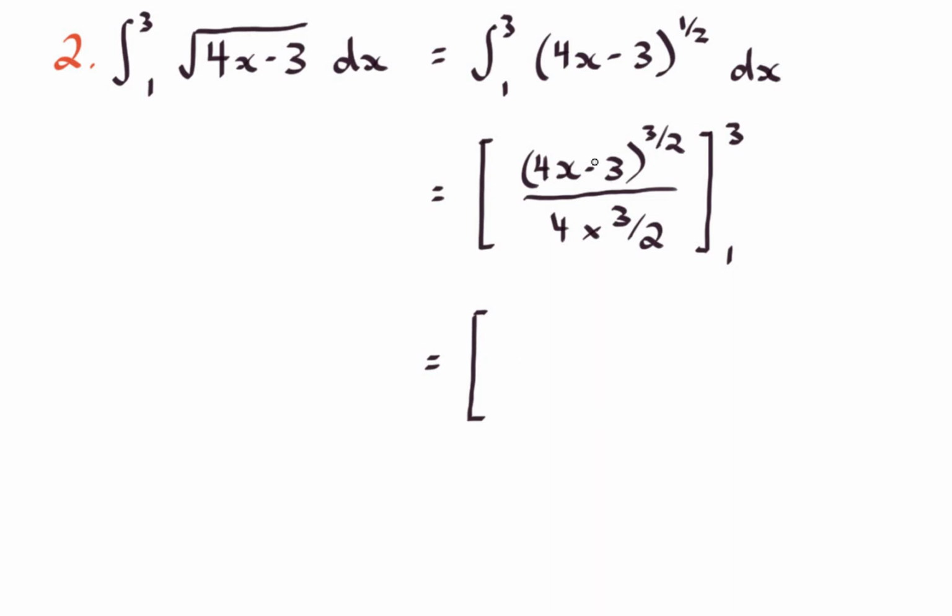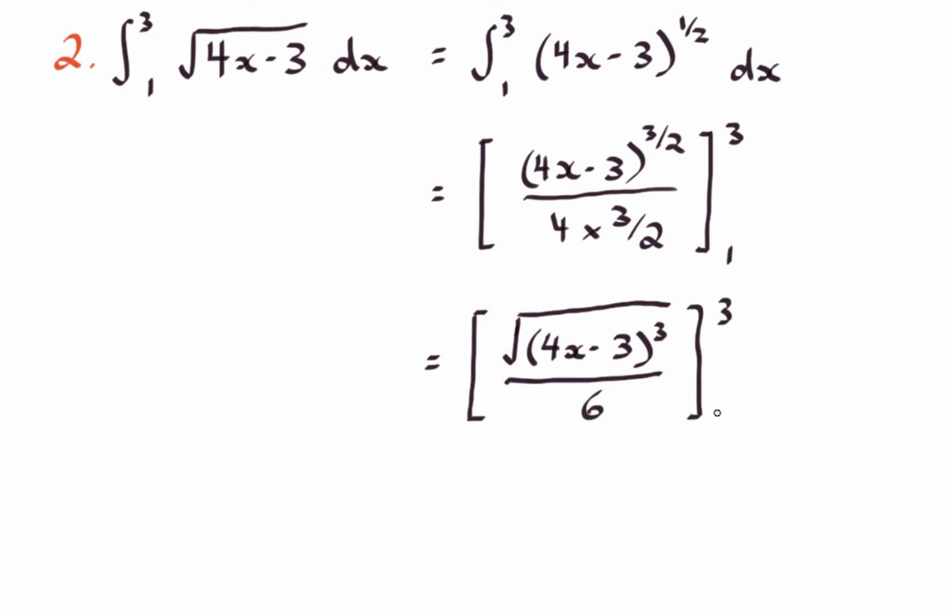As for the top bit, it's up to you if you leave it as a fractional index, but I'm going to write it as the square root of (4x − 3) all cubed, so turn it back from fractional indices to using the radical sign. And here's our 6 on the bottom. Okay, so we've simplified it.